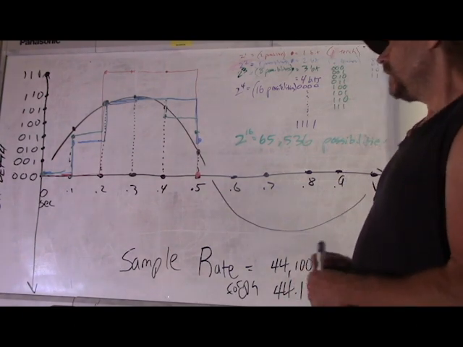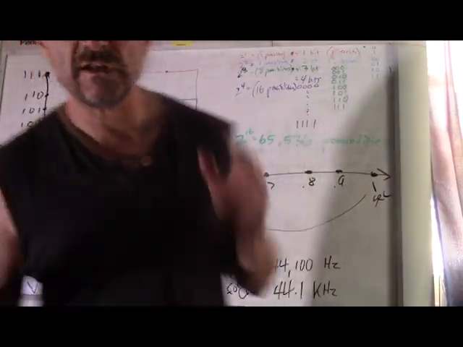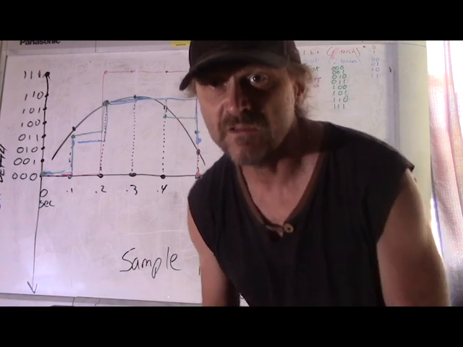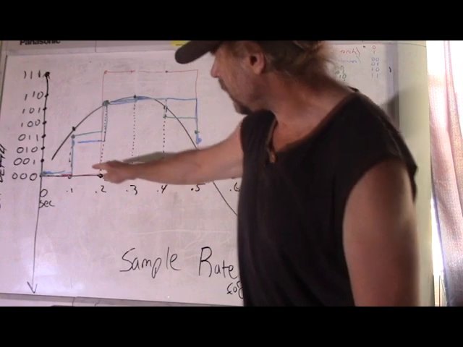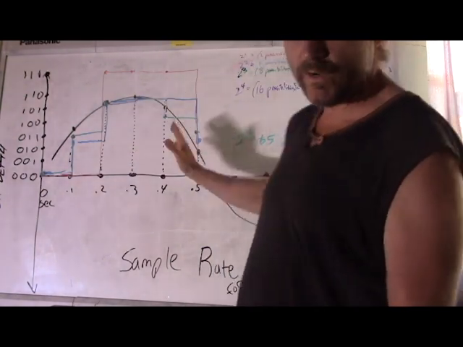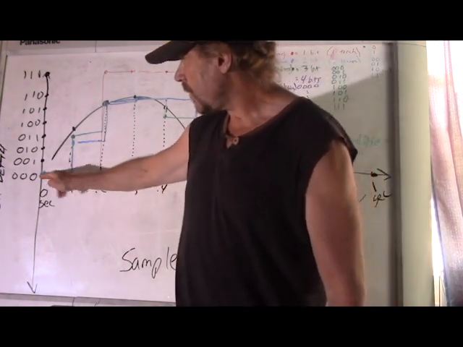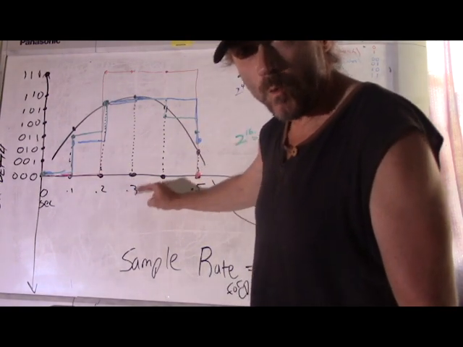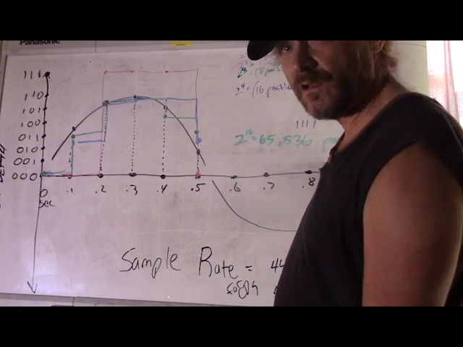Okay? So now, imagine how close our graph that we remember with our torches is going to remember our bits. Imagine how close that's going to be to the real stuff going on in the air if we're listening 44,100 times every single second.